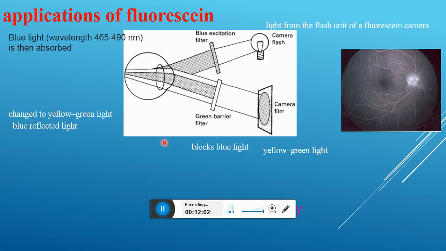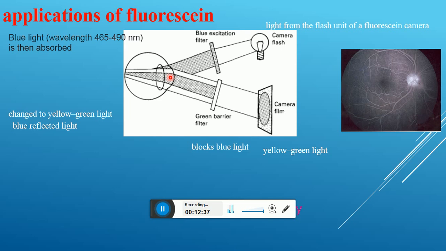Fluorescein angiography allows the state of retinal and choroidal circulation to be studied by photographing the passage of fluorescein through the vasculature after it has been administered systemically. White light from the flash unit, so this is the camera flash, passes through a blue excitation filter to illuminate the fundus with blue light.